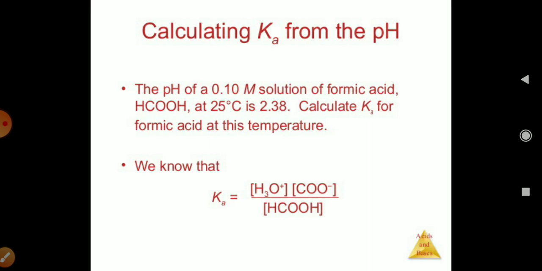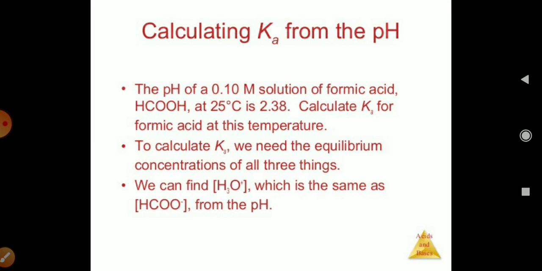As we all know, Ka is equal to the concentration of products by the concentration of reactant, so here we put the concentrations of H3O plus and HCOO negative by HCOOH.